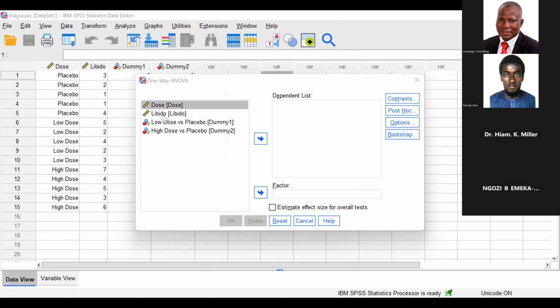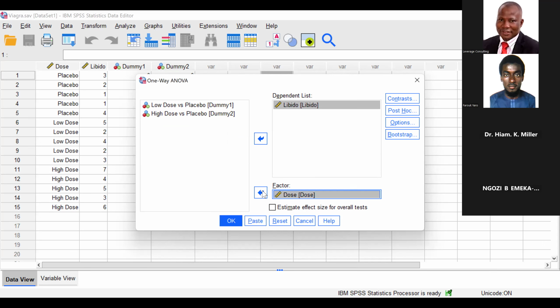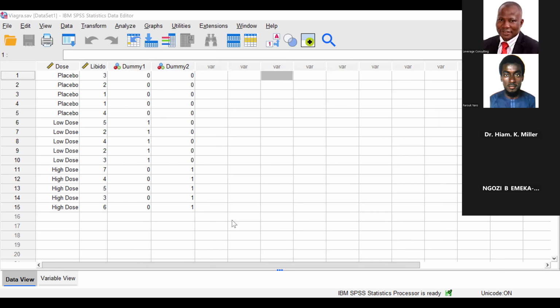So the dependent list is the libido. The factor is the dose. You move it here. So here, if we won't touch anything, you just say okay, let's just bring the result.